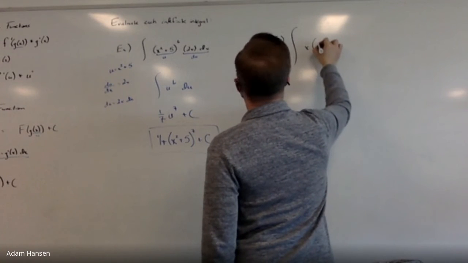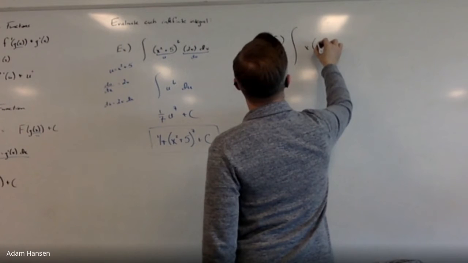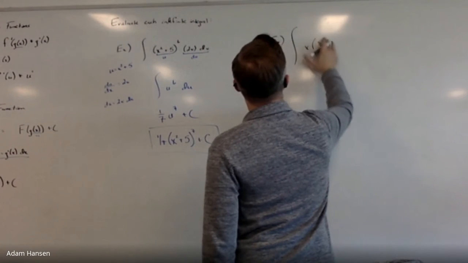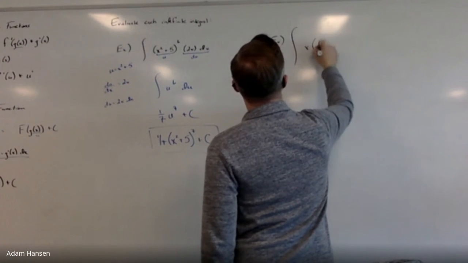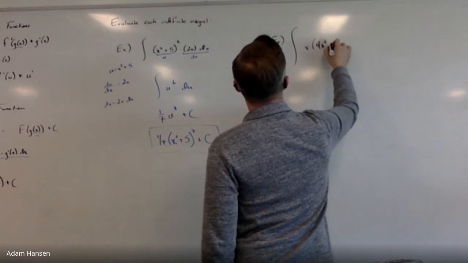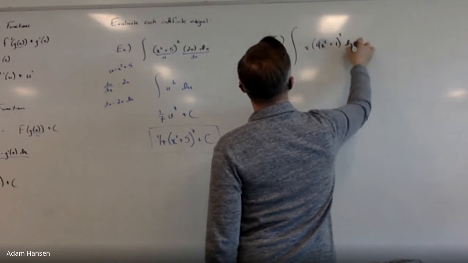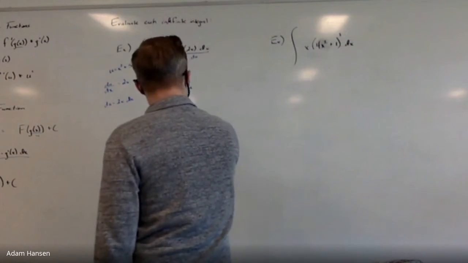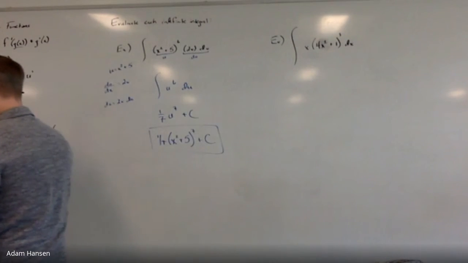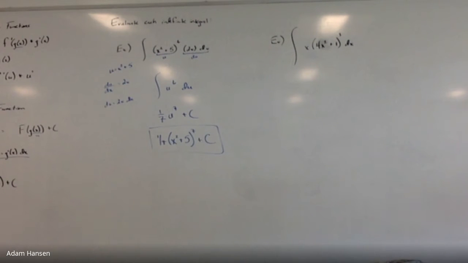Let's do x times 4x squared plus 1 squared, and take the antiderivative of x, quantity 4x squared plus 1 cubed, dx.